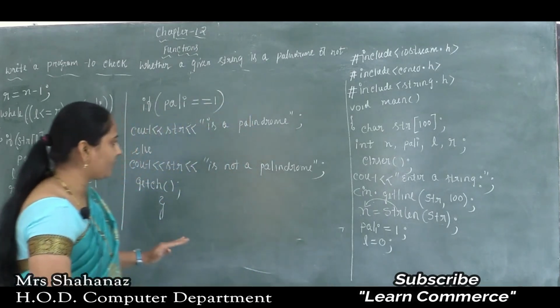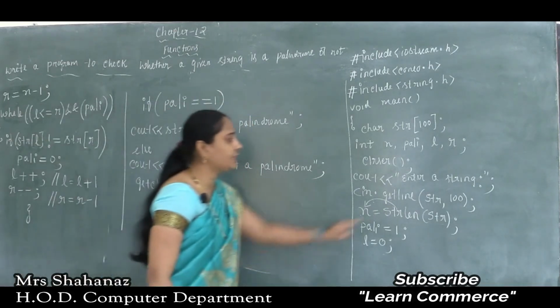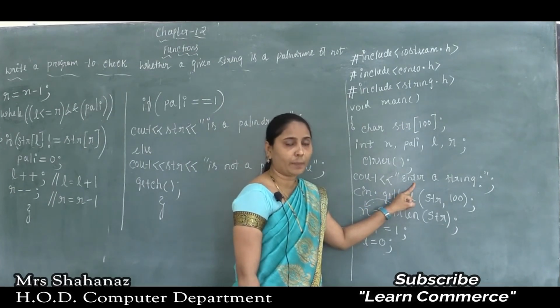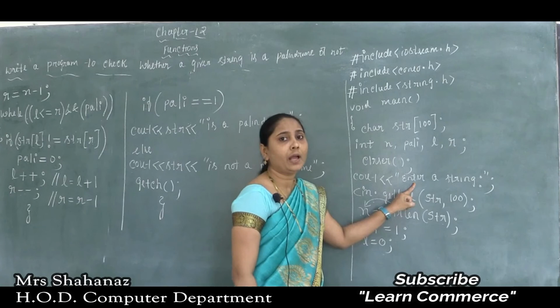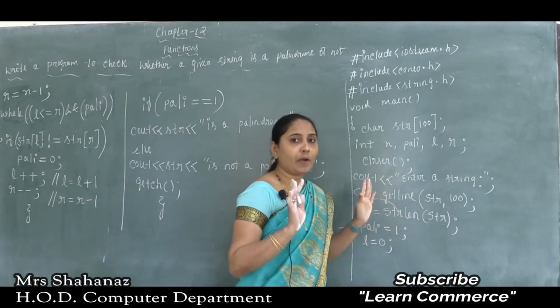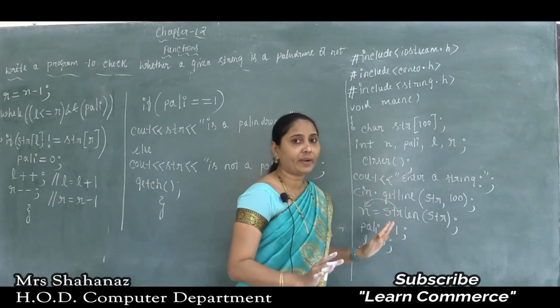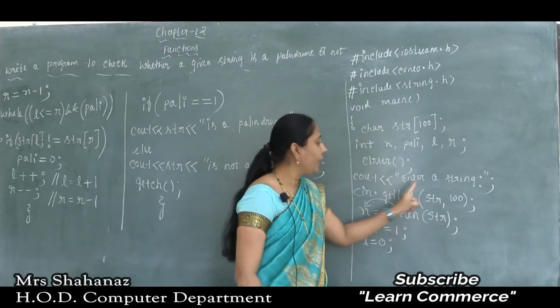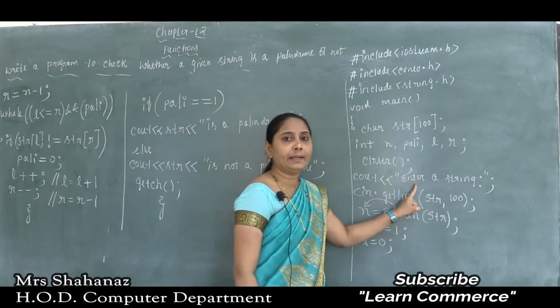So in this case, first of all, how does it display the message? Enter a string. After completing all of the program properly, using semicolons, flower brackets, square brackets, parentheses, every line of the program, first of all it displays enter a string.